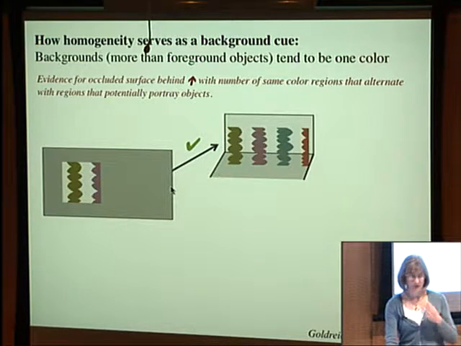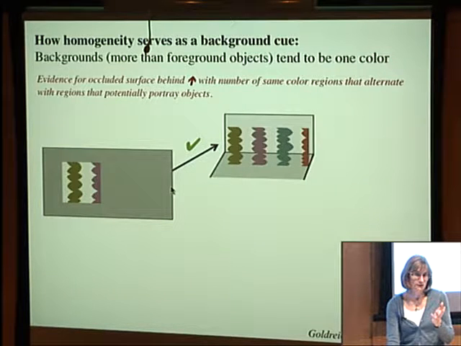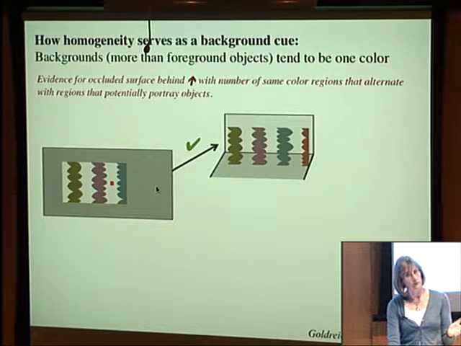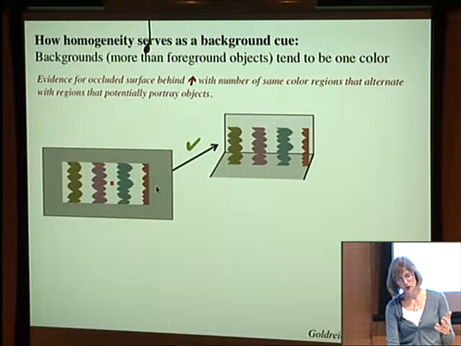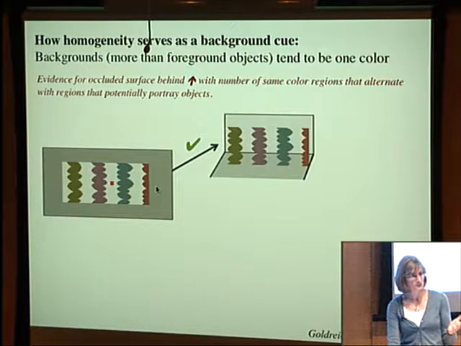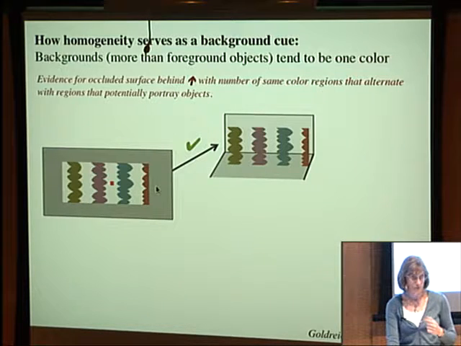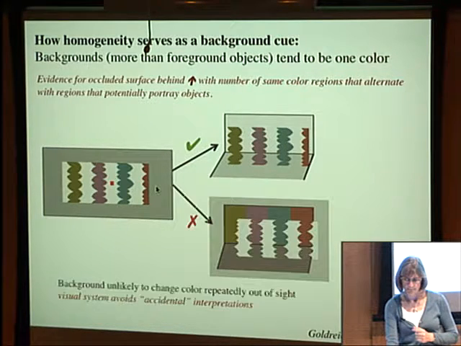So if I give you a display with only 2 homogeneous concave regions, well, there's some evidence for a background cue, but not very much. If I give you more, there's more evidence for that background cue. And if I give you more still, there's even more evidence. And by now, in our experiments, we have subjects up at 90% reports.